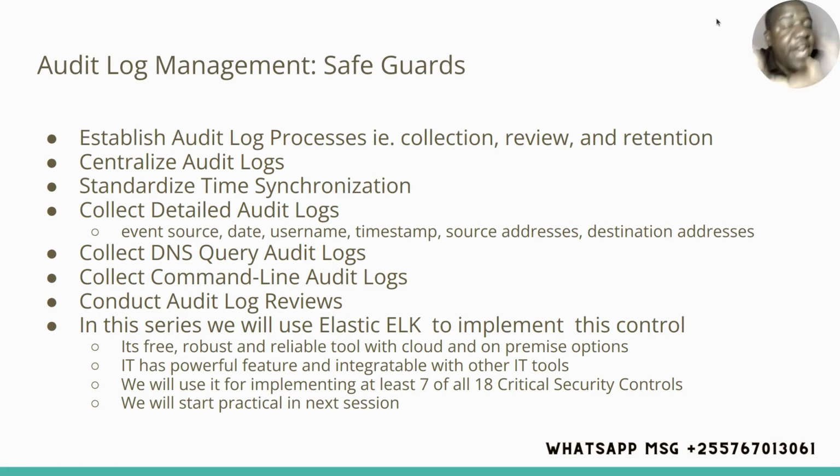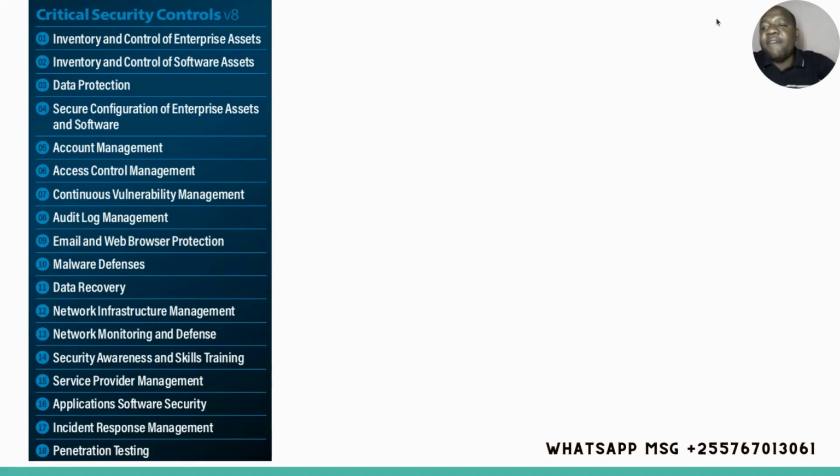So after this control, the next presentation is going to be the practical side, as we promised. We have now covered the third control, but as you may have noted, we started with the first one, the inventory of hardware. We came to the second, the inventory of software, and then we jumped to the eighth, audit log management, because we have realized by experience that only these three controls, once implemented, allow someone to start having a robust cybersecurity program.